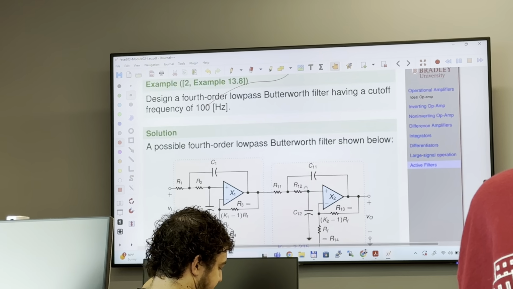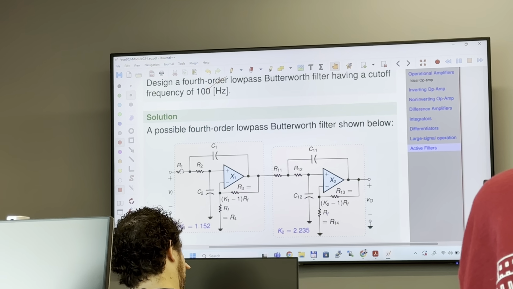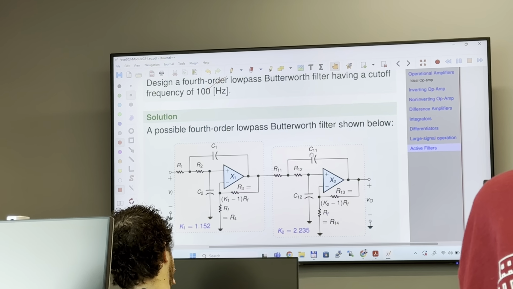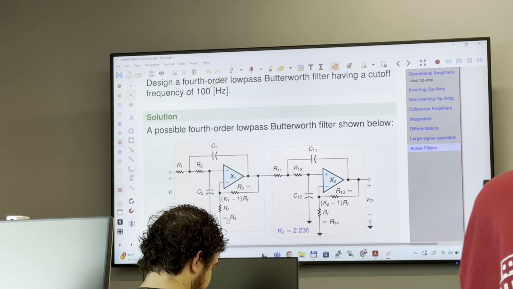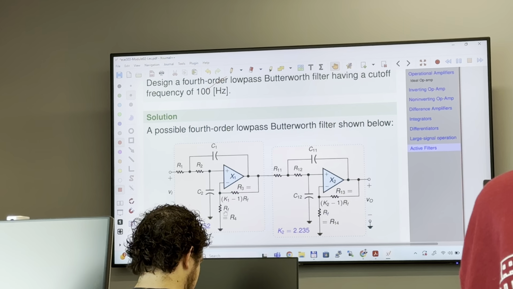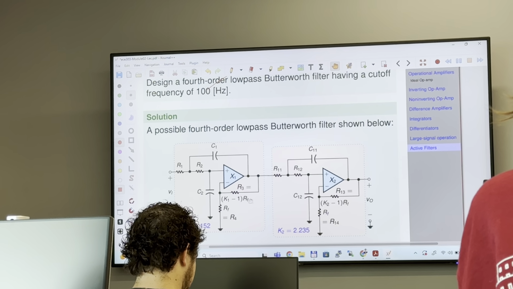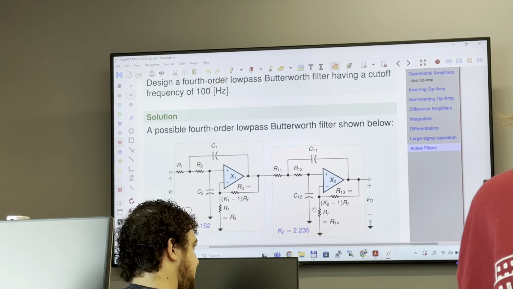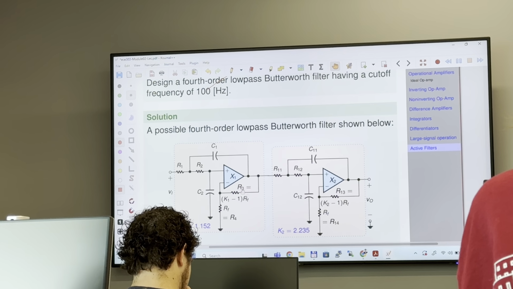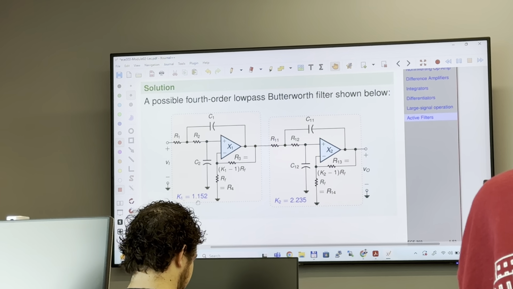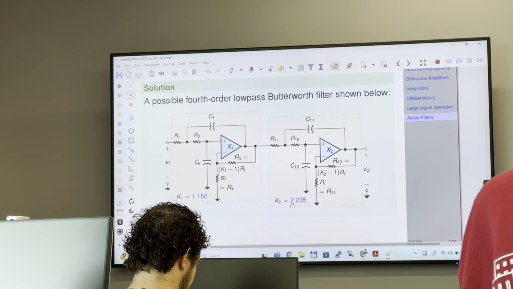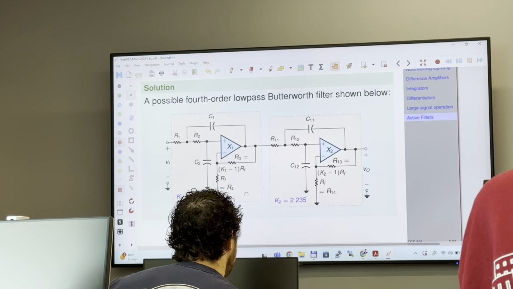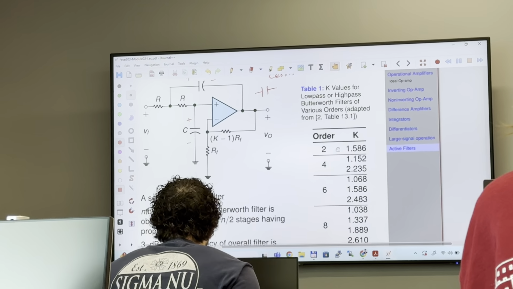Now, how to design, how to come up with resistances R1, R2, capacitances C1, C2, then R3, R4, and RF. K1 is the first stage and K2, because it's a fourth order filter, so you'll have two K values. K1 equals 1.152, K2 equals 2.235. These two values I took from this table.